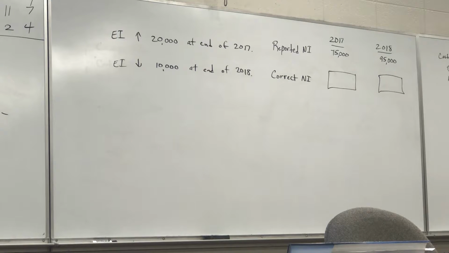You're saying you have a bigger inventory than you actually do. So your reported net income is less than it should be by 20,000. So it should be 95. So you say net income for 17 should be 95,000. Yes.